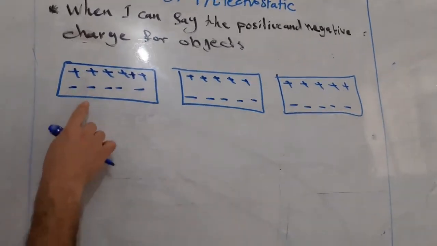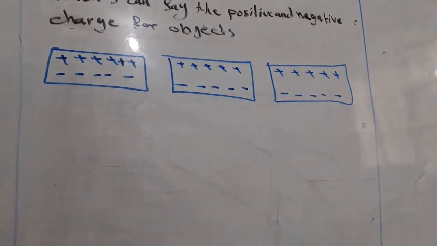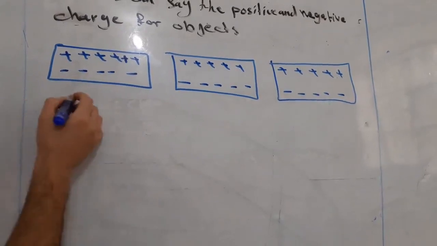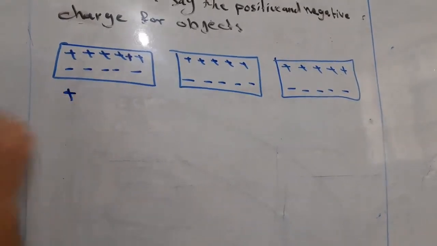The charge of this object is positive. Why? Because the positive charge is more than the negative charge.